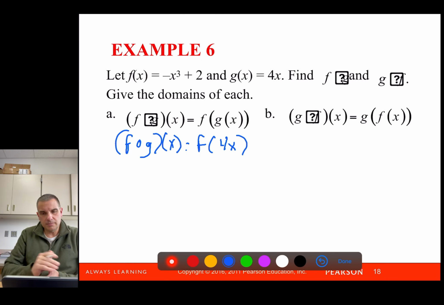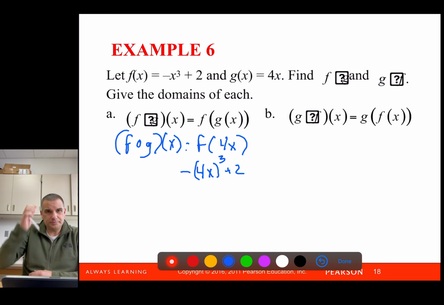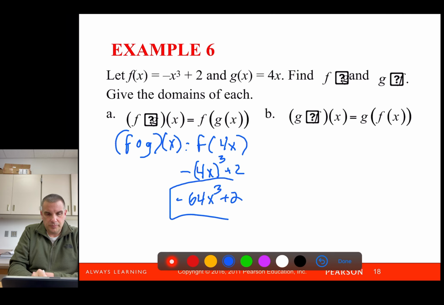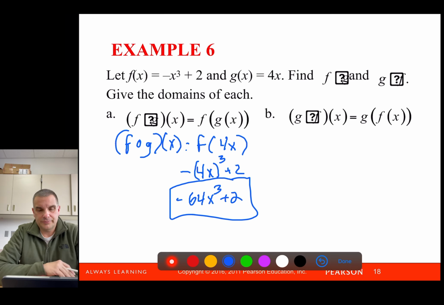Just replacing it. Now anywhere I see an x in the f function, I'm going to replace it with 4x inside parentheses. So that's negative, and then the 4x inside parentheses cubed plus 2. So that's negative 4 times 4 times 4 is 64. x cubed plus 2. All reals for the domain.